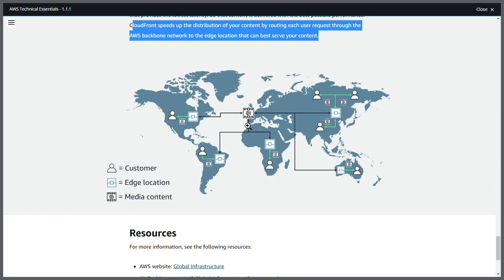As you can see, this is the main content storage location, and these smaller icons are the copies or the replication of that same content. If a customer is accessing that content from South America, then South America has an edge location here which has the replication of this content, and the data travels from South America to South America instead of traveling all the way from, this says, Europe to South America. All right.